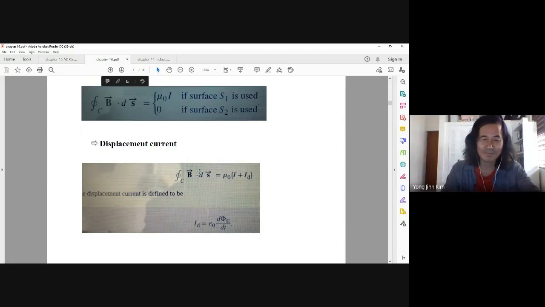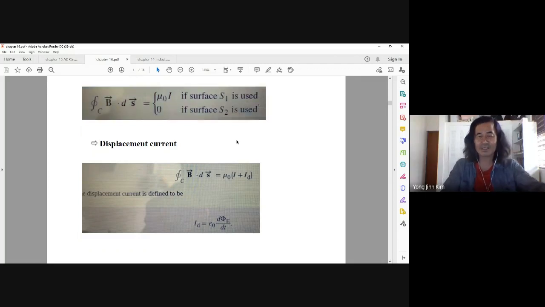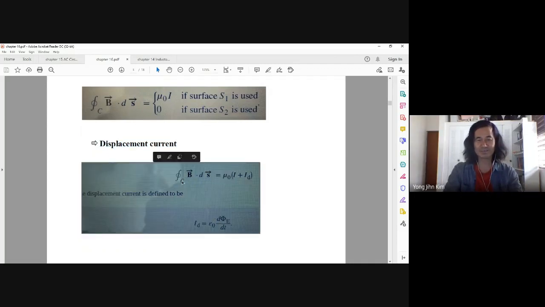So Maxwell noted that we need to introduce displacement current. So here, Ampere's law should be changed to this form: mu0 times the ordinary current plus the displacement current.